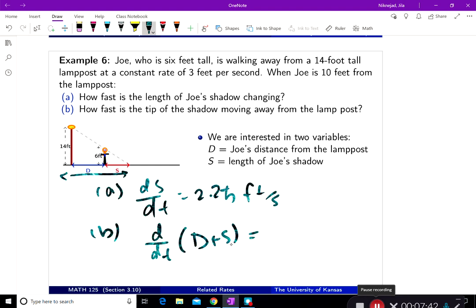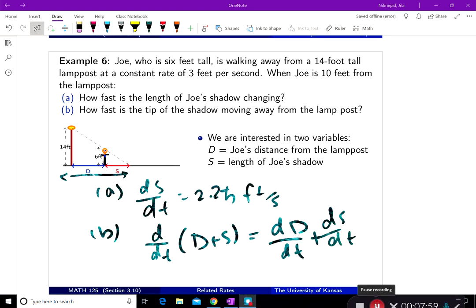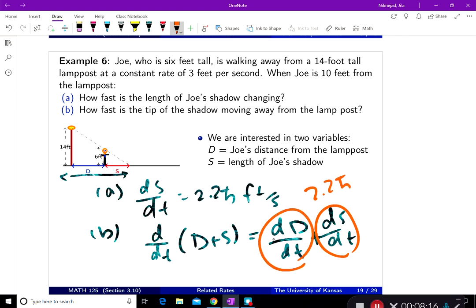According to the laws of the derivative, this is equal to dD over dt plus dS over dt, where I figured out one of them, which is 2.25, and this one was given, that was 3, so I can add them up to get 5.25.